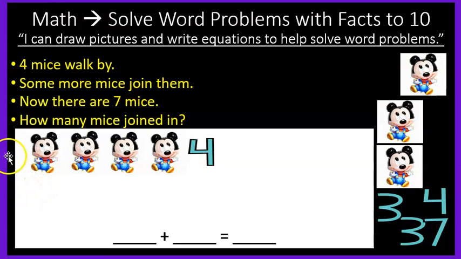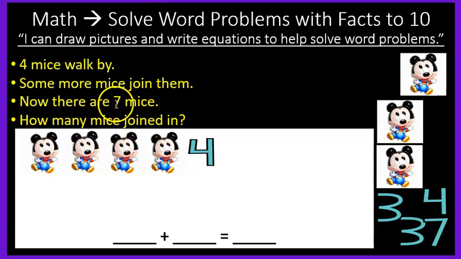Now, let's read the third sentence. Ready? Read it with me. Now, there are 7 mice. Okay? Let's read it one more time. Now, there are 7 mice.